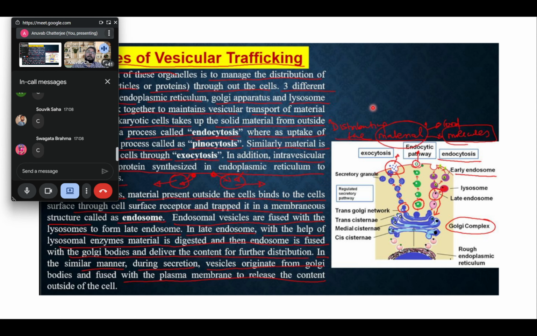When the cell takes something inside, it is known as endocytosis, where endo means inside and cytosis means engulfing or eating, essentially.